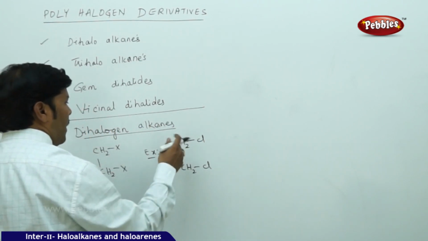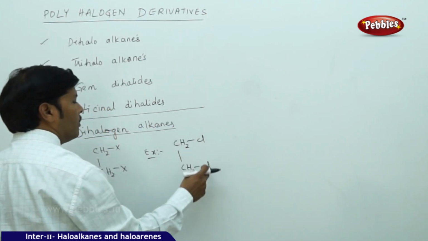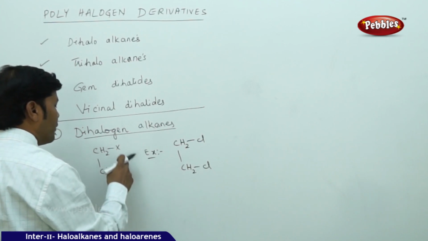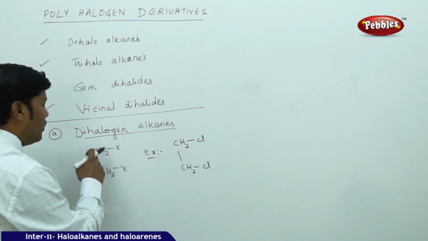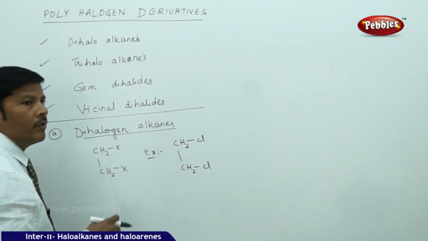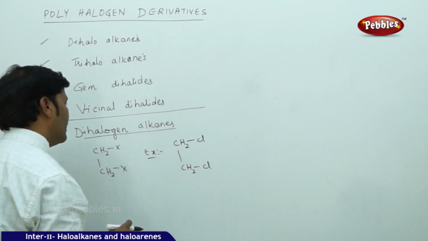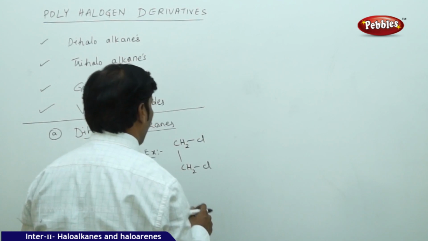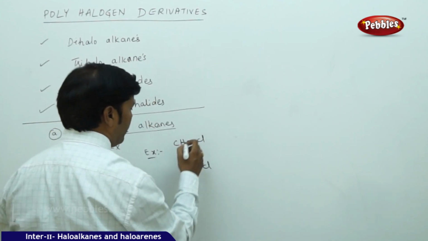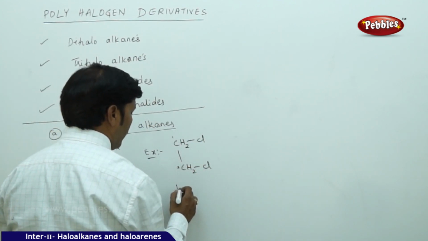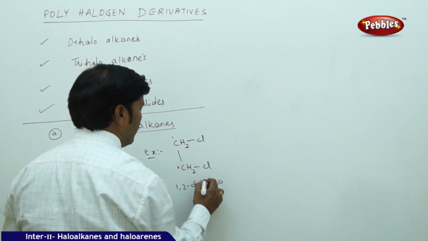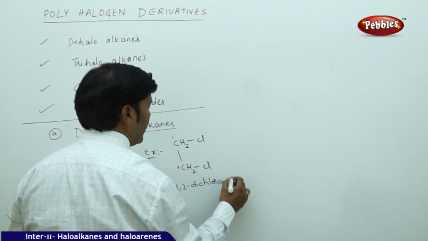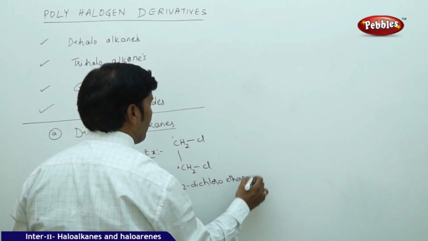This is 1, 2, because there are two halogens substituted on two different carbons. We call them dihalogen derivatives or dihalides. If you want to write the IUPAC name, this is 1 and this is 2. So 1,2-dichloroethane is the IUPAC name.